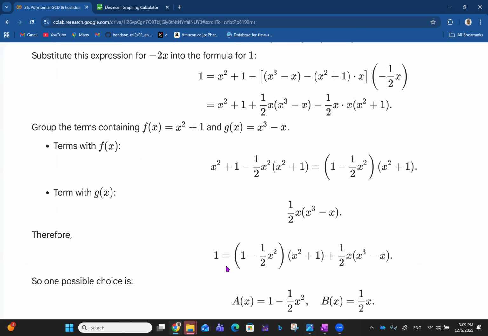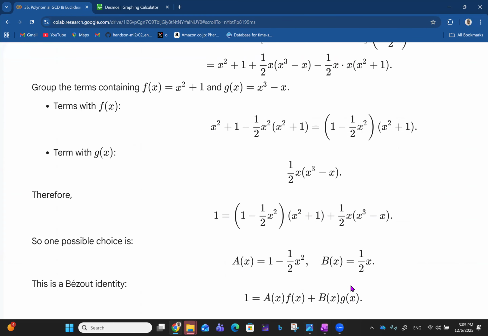Therefore, you see that 1 is equal to this expression: 1 minus half x squared into x squared plus 1 plus half x into x cubed minus 1. So this is f of x multiplied by a of x and g of x multiplied by b of x. So one possible choice is that a of x is 1 minus half x squared and b of x is half x.